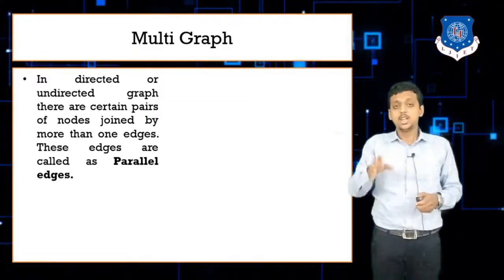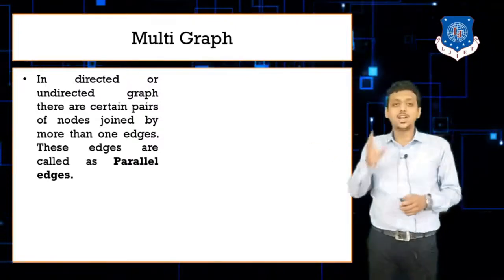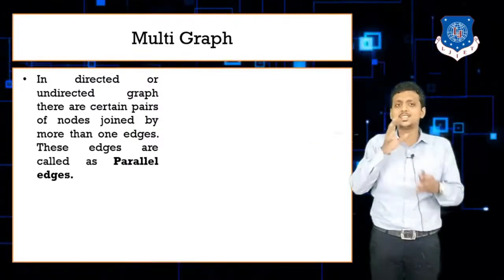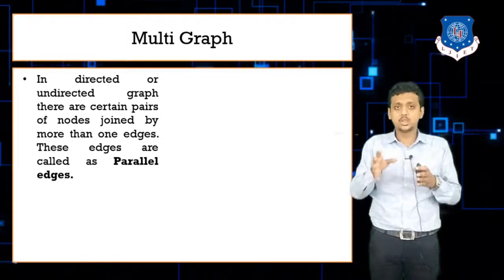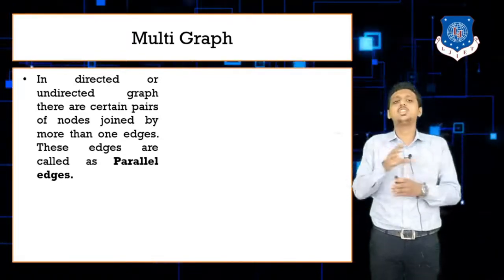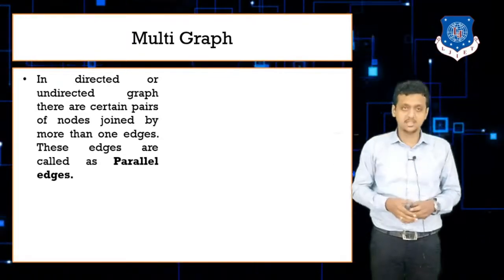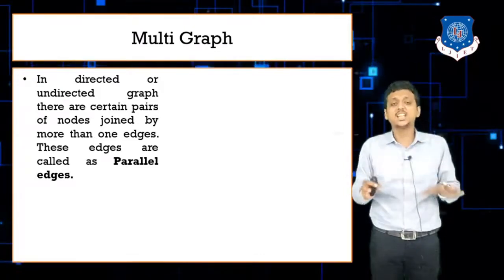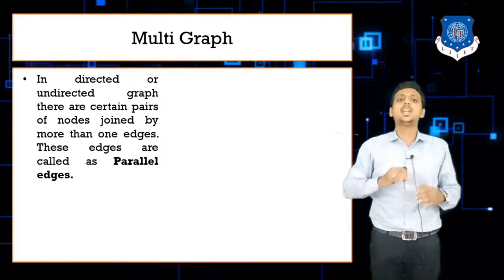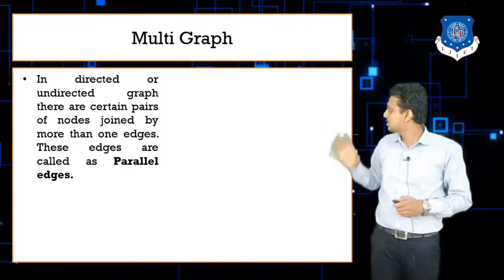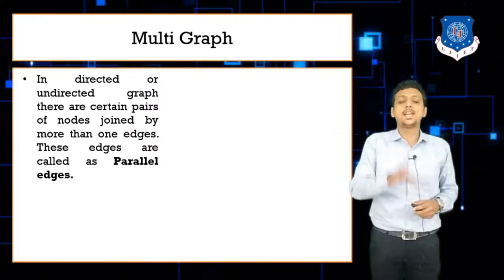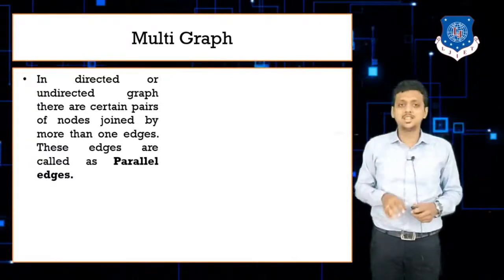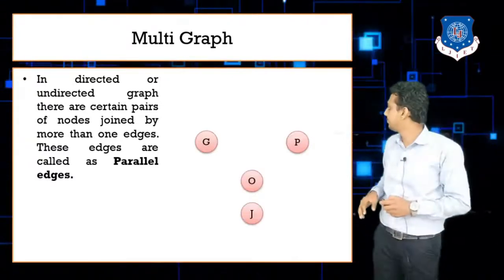In a directed or an undirected graph, there are certain nodes which are connected with each other with more than one edge. Such edges are known as parallel edges. So first let's understand what I mean.